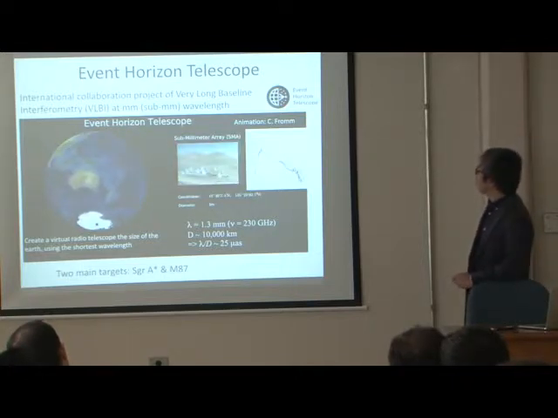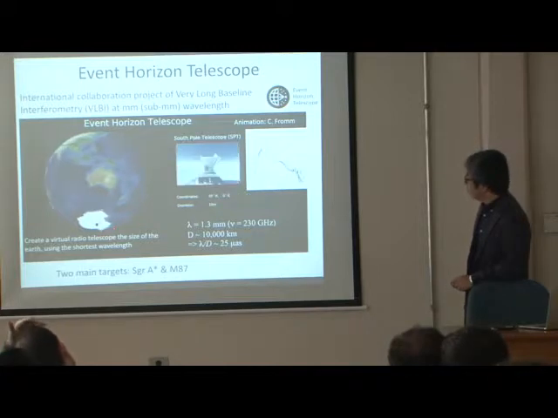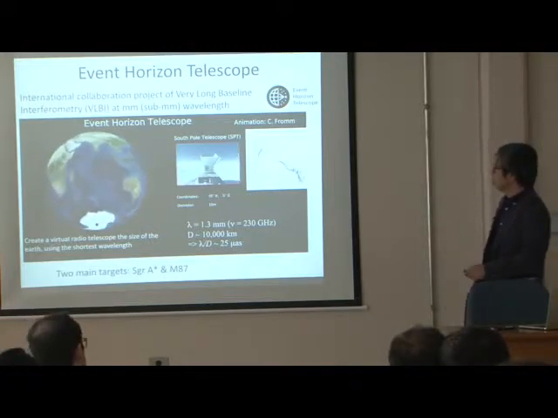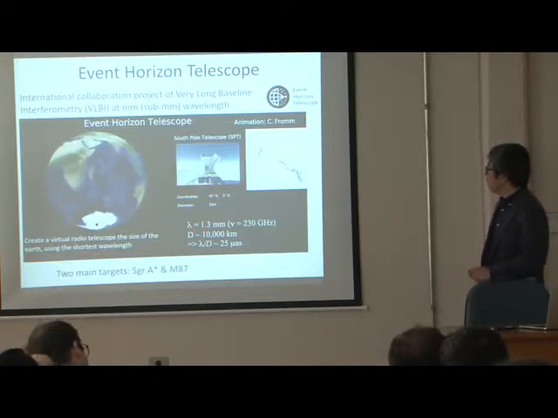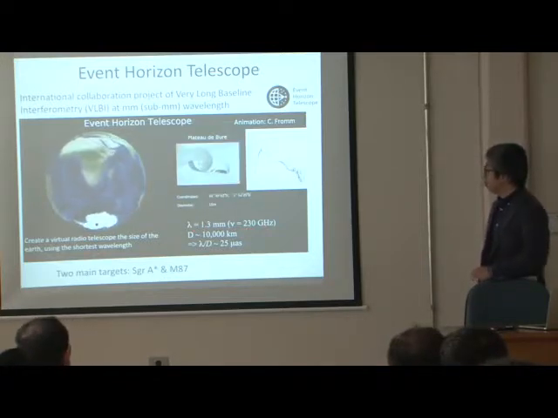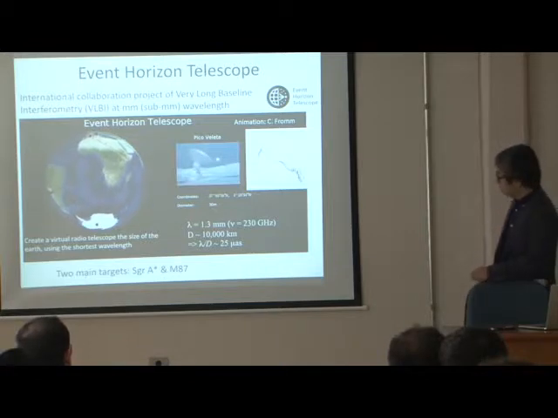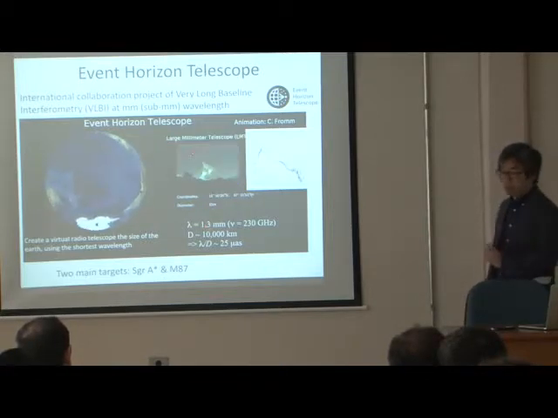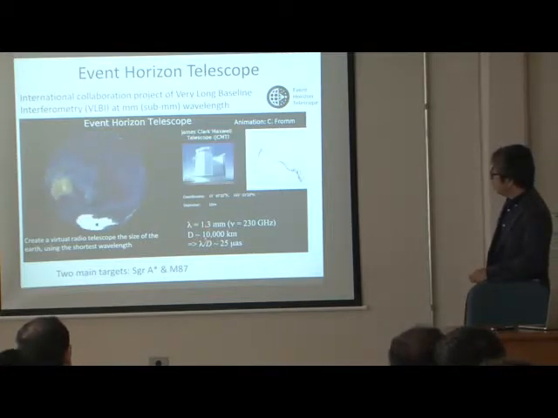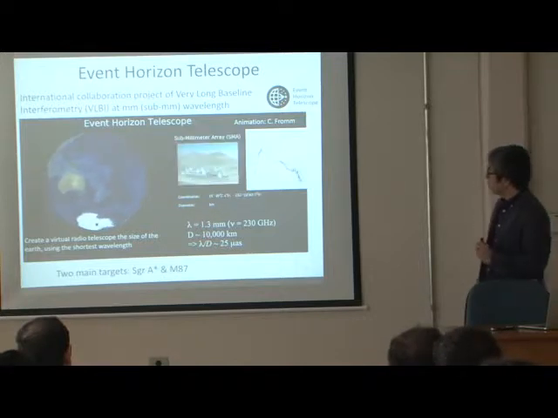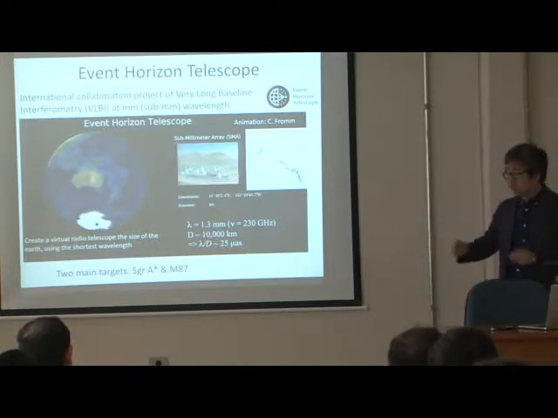We are creating a virtual radio telescope the size of the Earth, using the shortest wavelengths. So now we are observing at 230 gigahertz. This wavelength is 1.3 millimeter, and the diameter is around 10,000 kilometers. This is almost Earth size.